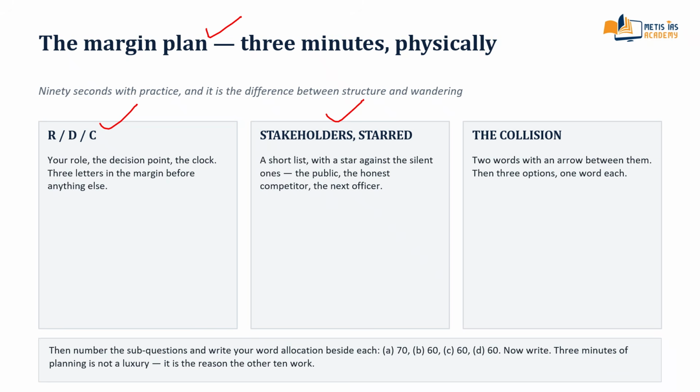Then number the sub questions and write your word allocation beside each. Let's say for example, sub question A 70, B 60, C 60, and D 60.